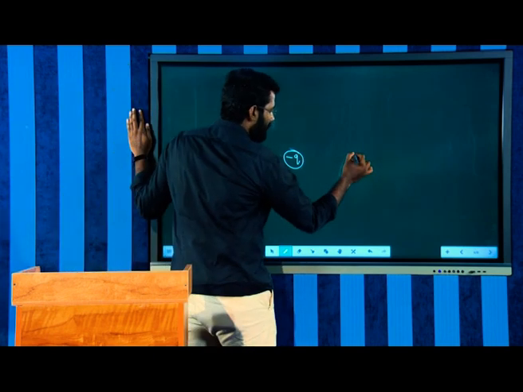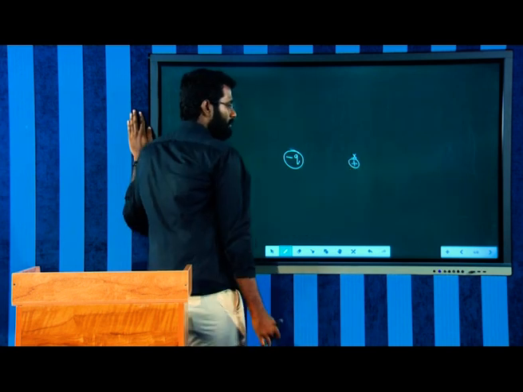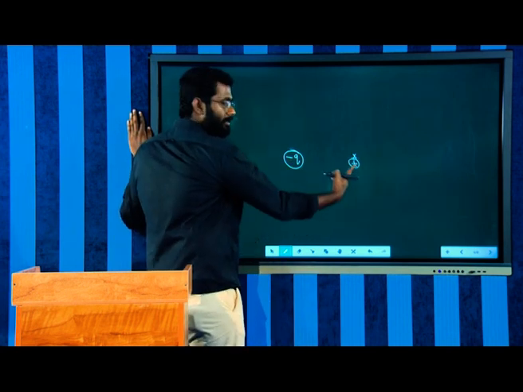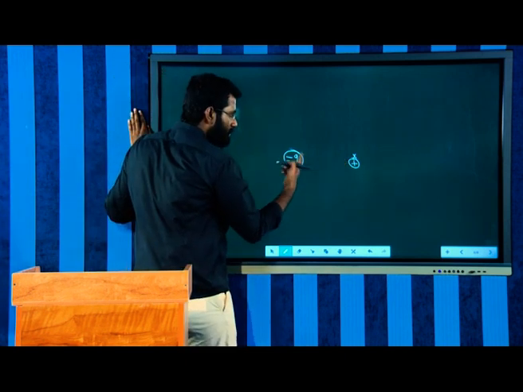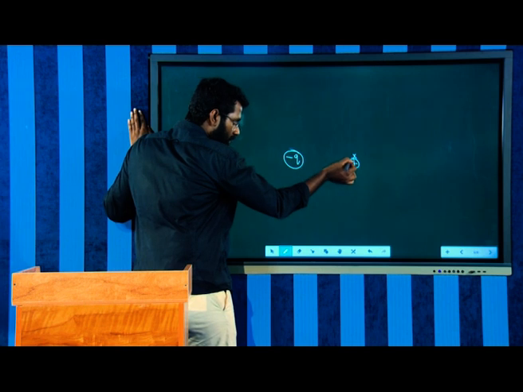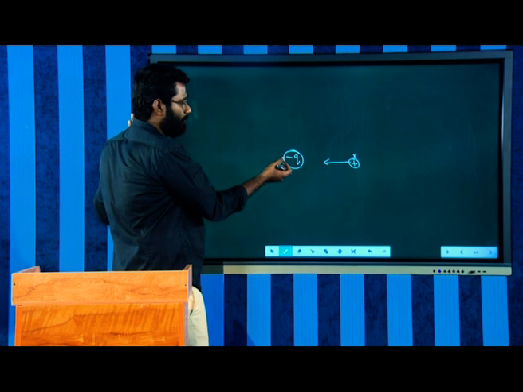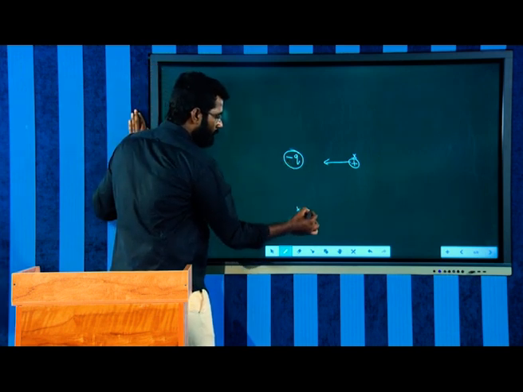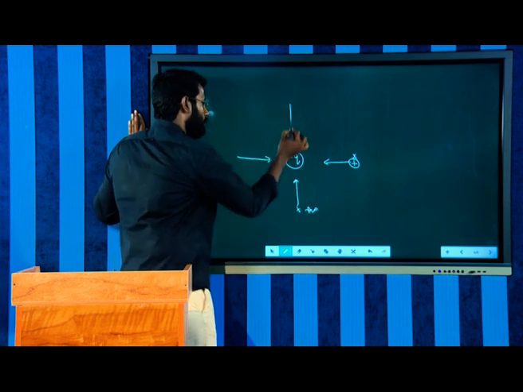So I place a test charge here. Now that is a positive charge, and this is a negative charge. What would happen? They will attract. That means this negative charge will pull this positive charge towards the source charge. So now the positive charge is here, it will attract towards here, towards here, towards here.